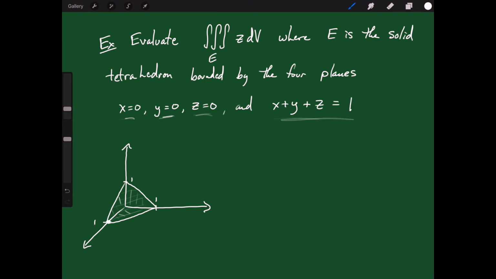So what I'm going to do first is I'm going to say, is there a top plane and is there a bottom plane? Okay, instead of saying, is there a top function and a bottom function, in 3 dimensions I'm going to say, is there a top surface and is there a bottom surface? And the answer is, yeah, there is. In other words, could I talk about z equals something as the top surface and z equals something else as the bottom?